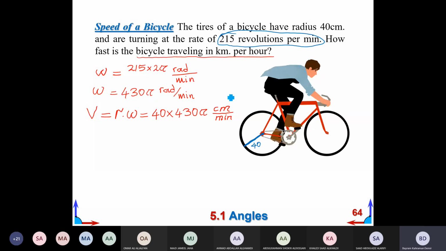Does anybody know what is centimeter in terms of kilometer? 10 to the power -5, I think. So kilometer divided by 100,000.